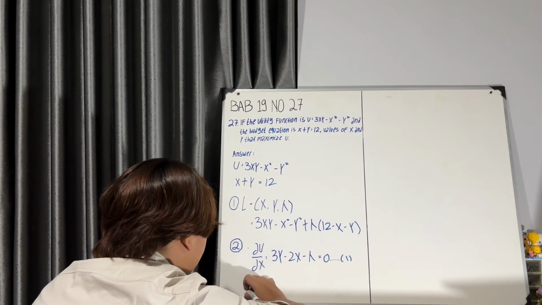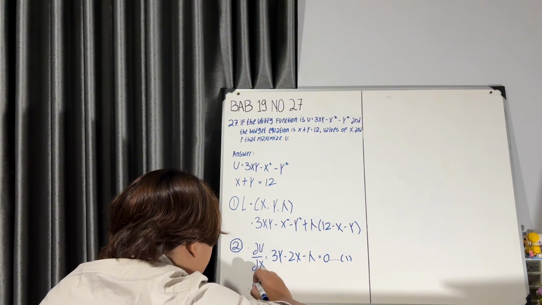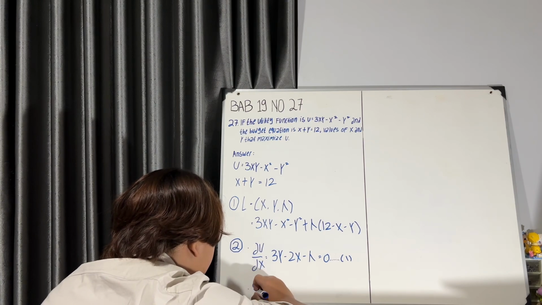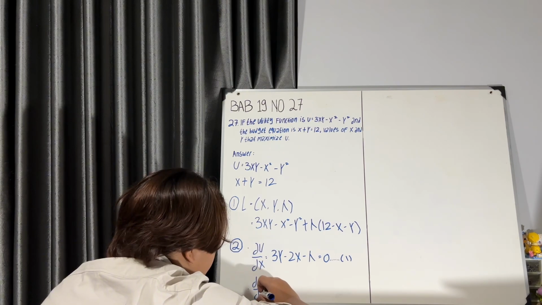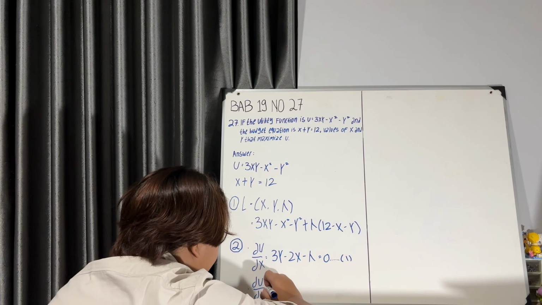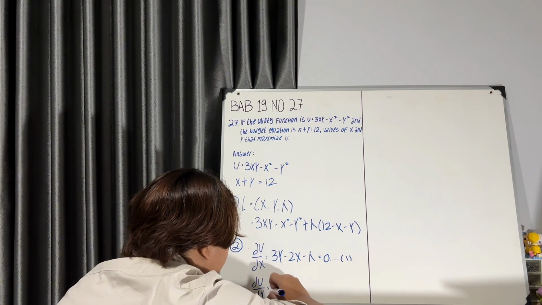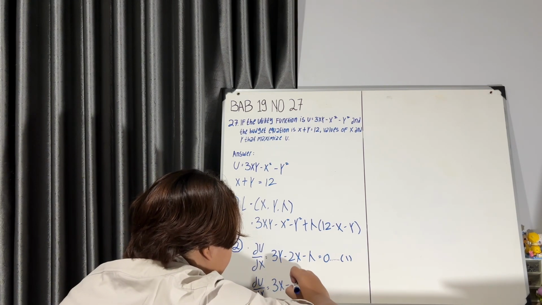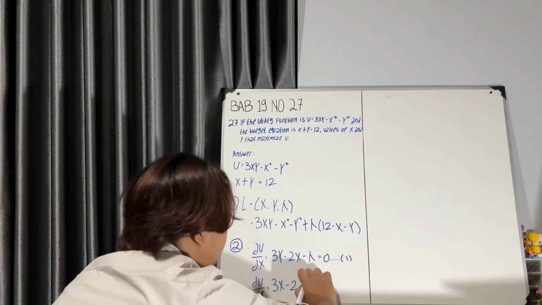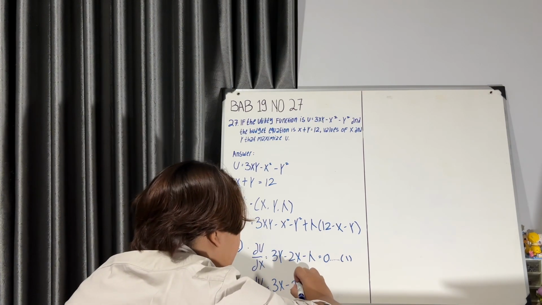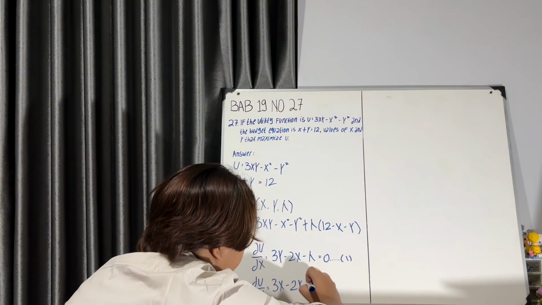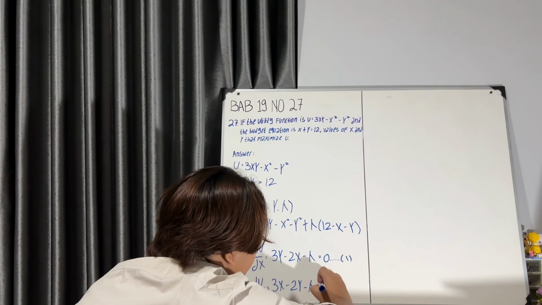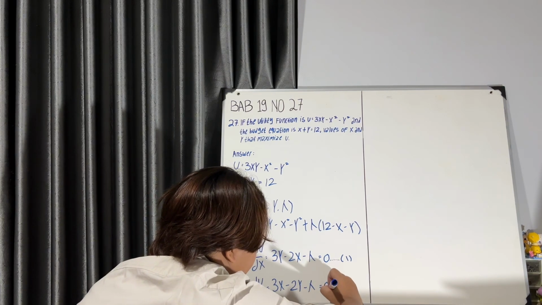Okay, 2, partial u over partial y is 3x minus 2y minus lambda is 0.